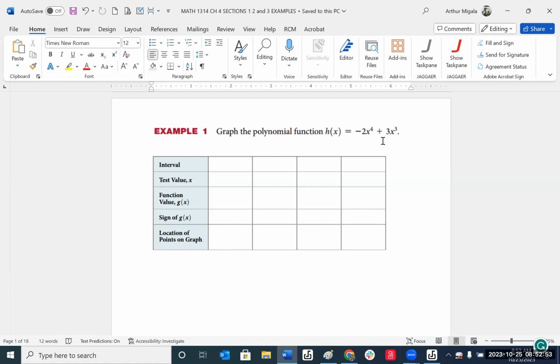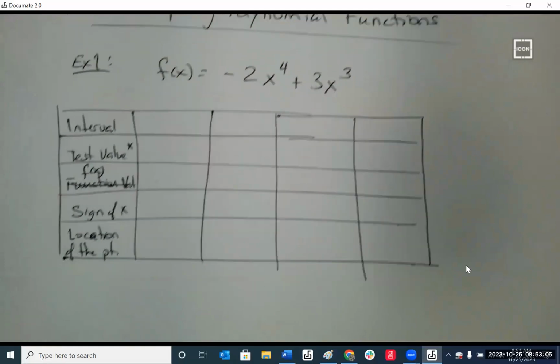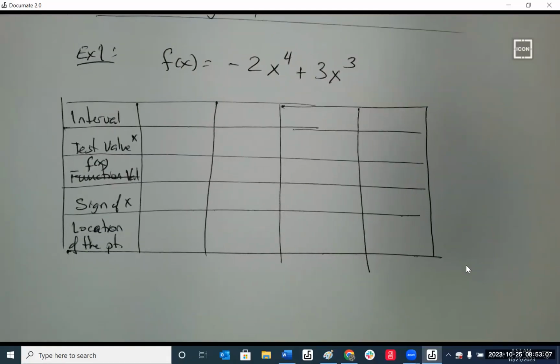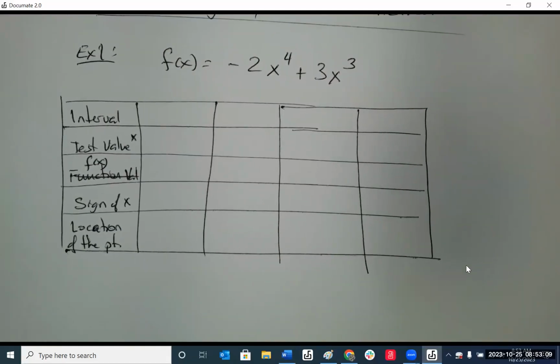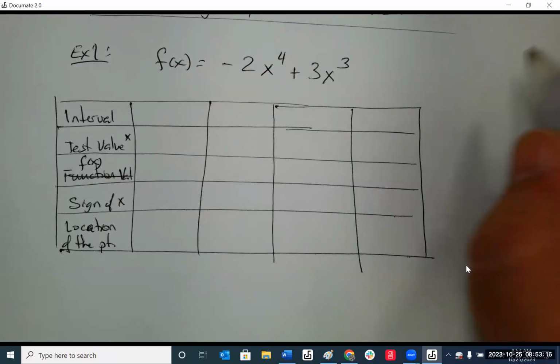The sign of f(x) and location of the point. Here's everything we need. So our steps.